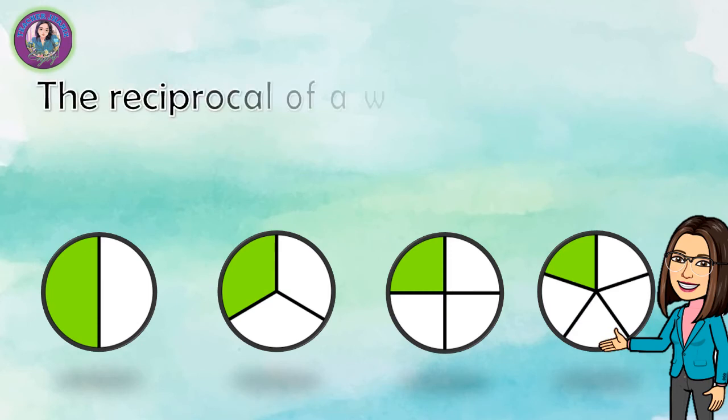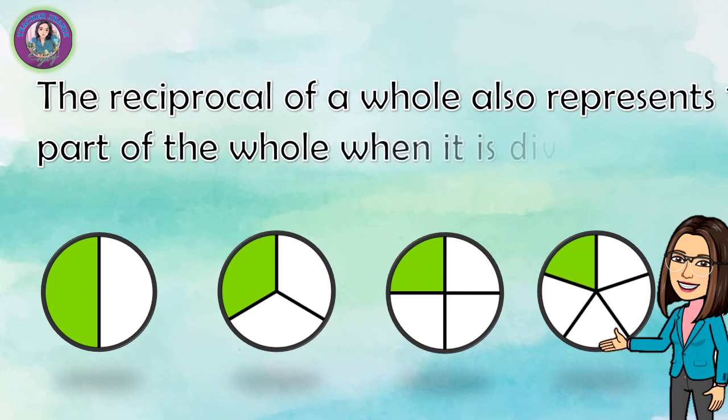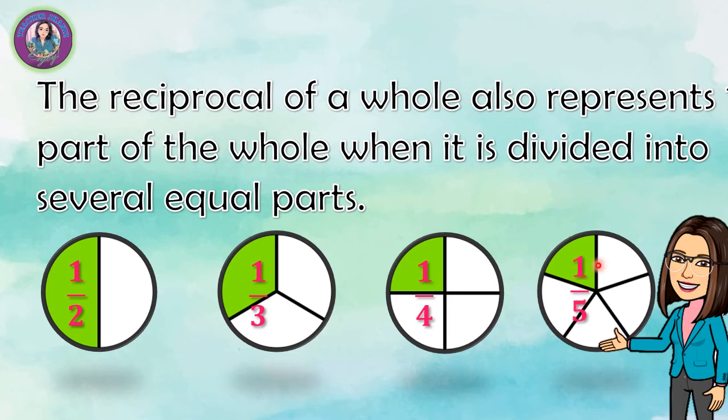The reciprocal of a whole also represents part of the whole when it is divided into several equal parts. You have 1/2, 1/3, 1/4, and 1/5.